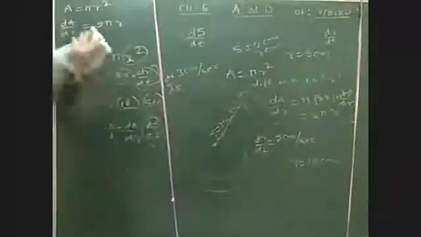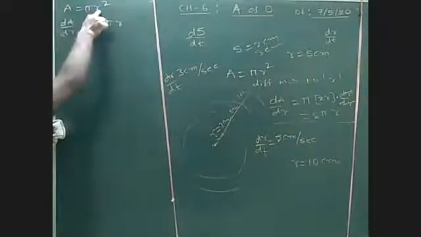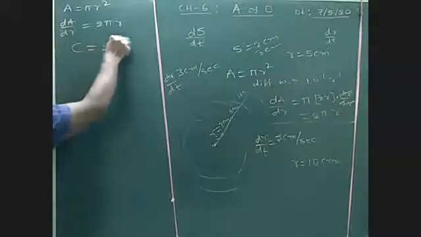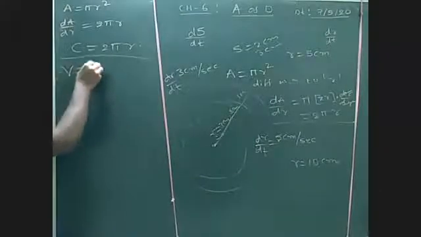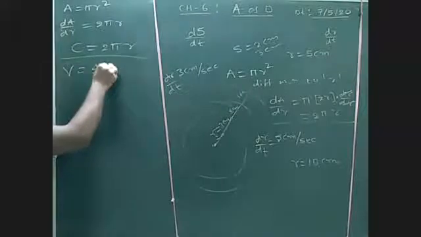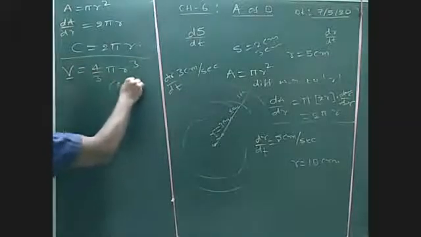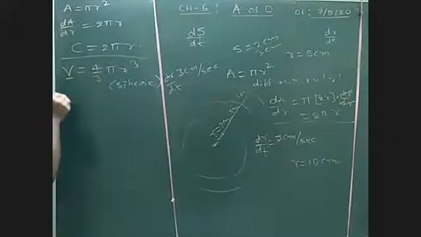Here mainly you have to remember some formulas. Area of circle is pi r square. Already you know that the perimeter is 2 pi r, and the volume of a sphere is 4 by 3 pi r cube. This is the volume of the sphere.